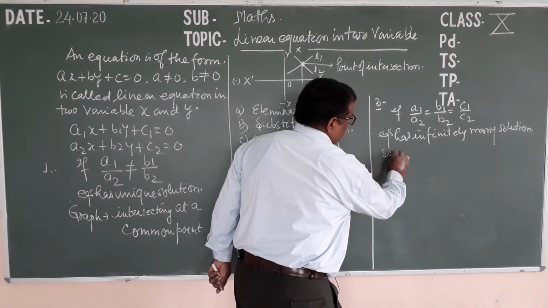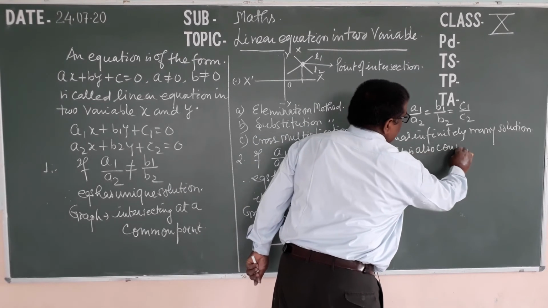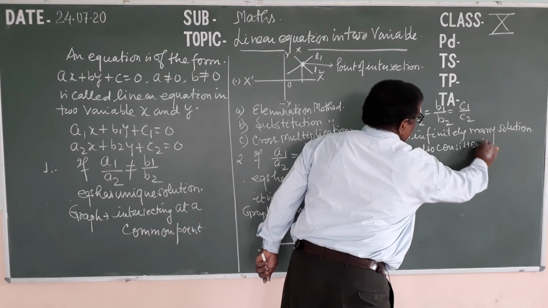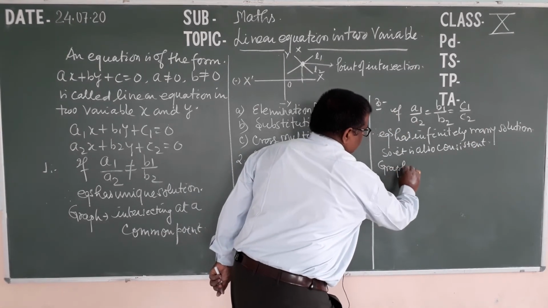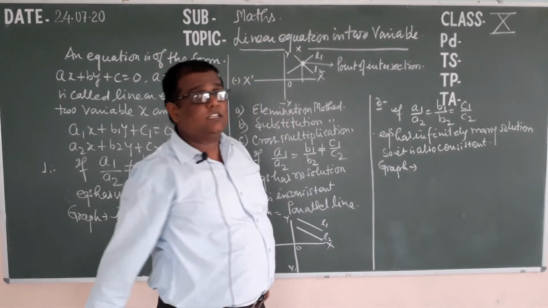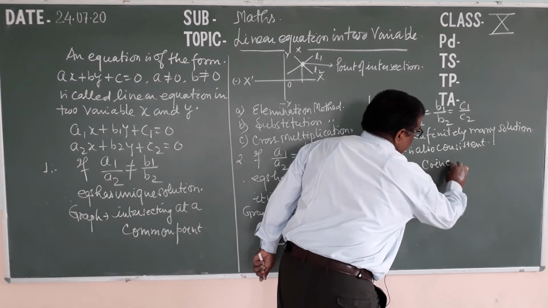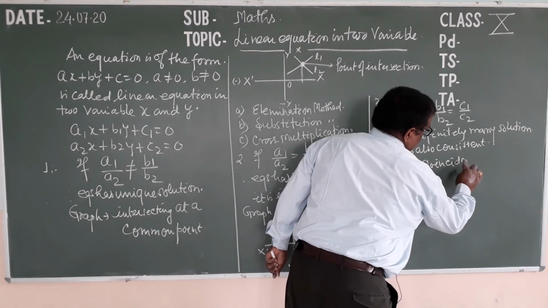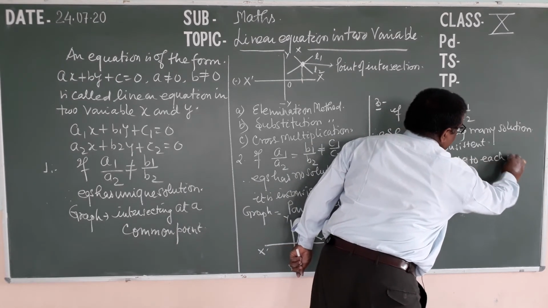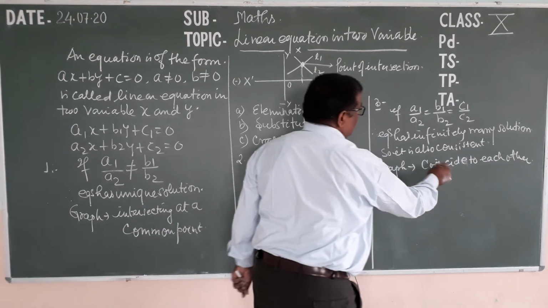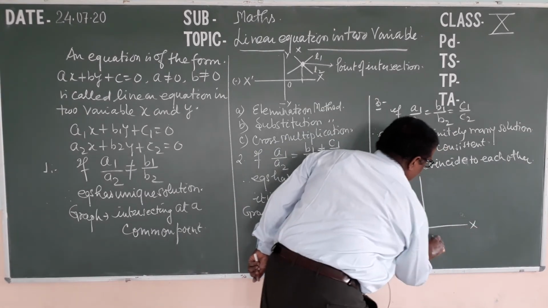So it is also consistent, and its graph will be coincident lines, coinciding with each other. Now what is coincide? Let us understand this type: x, which is origin.